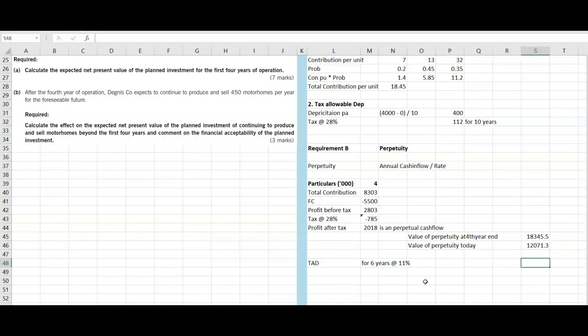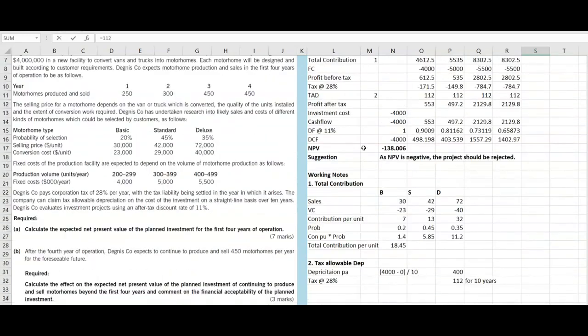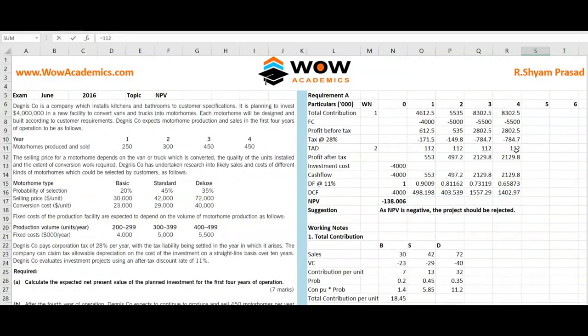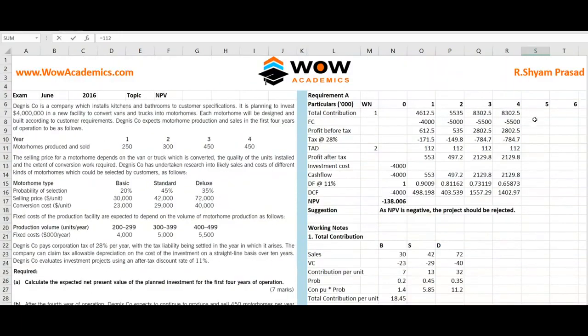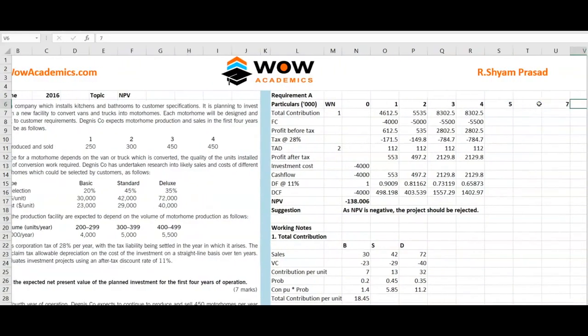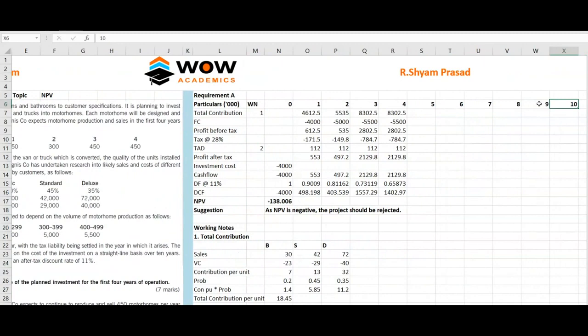So the value would be 112, which is the tax allowable depreciation. If you check here, that is the tax allowable depreciation, and this value is going to occur for 6 years. Okay, from which year? From the 5th year to the 10th year it is going to occur.